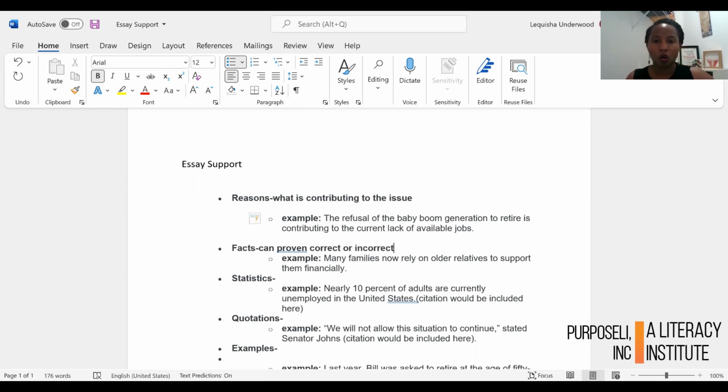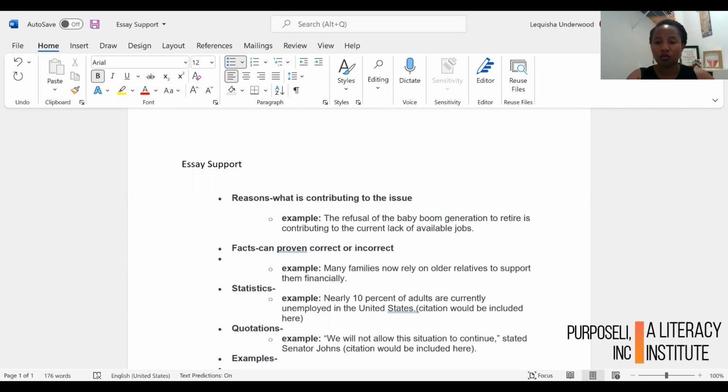Many people tend to think that a fact is always true, but that actually is not the case. You want to put something supporting your issue in your essay that shows it can be looked up.